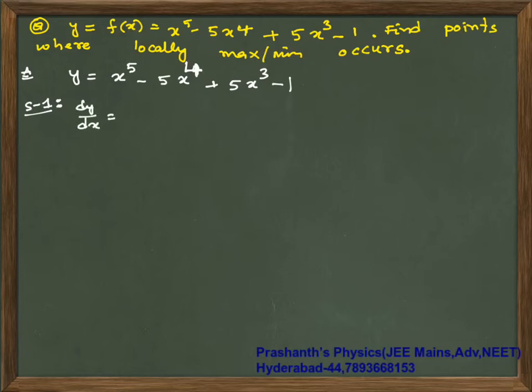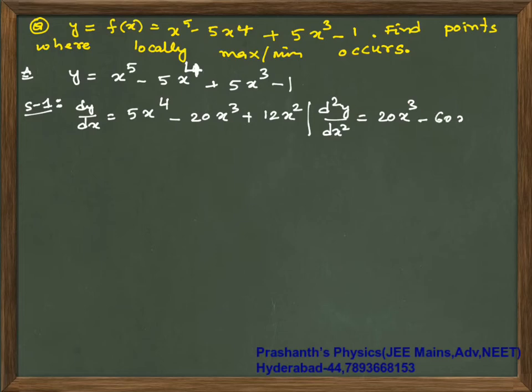So dy by dx is 5x power 4 minus 20x cube plus 12x square. Next, calculate d square y by dx square, the derivative of this function, which gives 20x cube minus 60x square plus 24x. This is your d square y by dx square, the derivative of dy by dx.